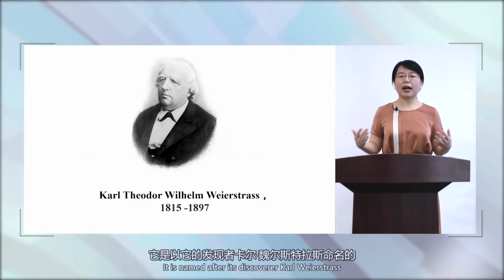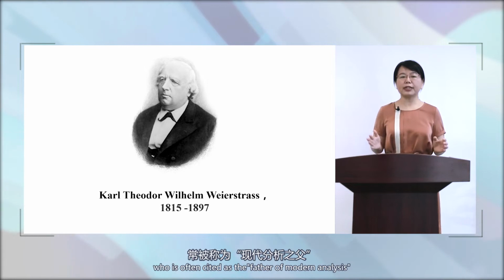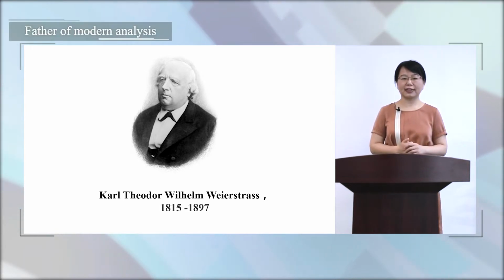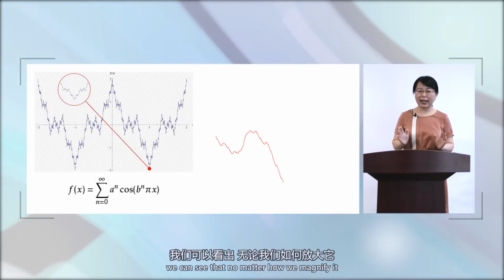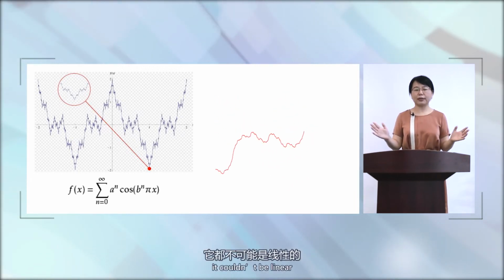It is named after its discoverer, Carl Weierstrass, a German mathematician who is often cited as the father of modern analysis. From this graph, we can see that no matter how we magnify it, it couldn't be linear.